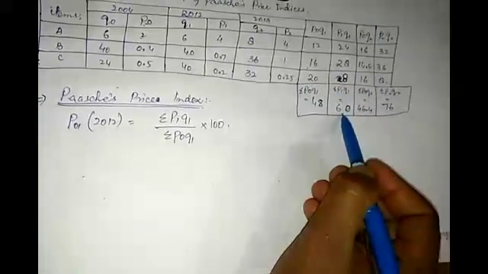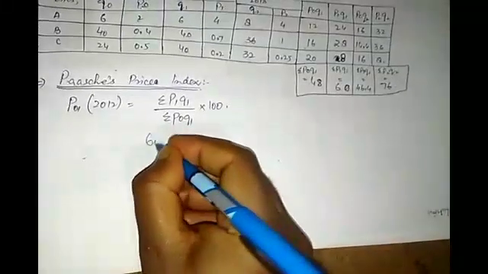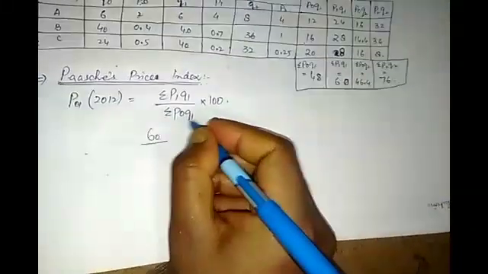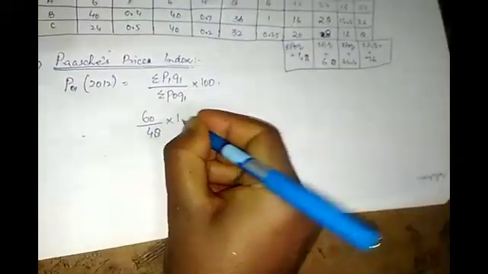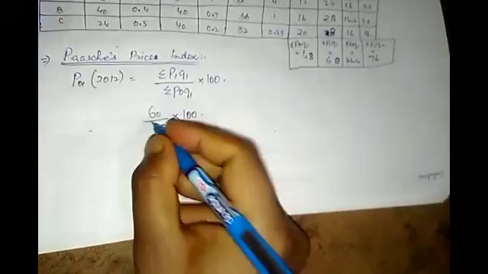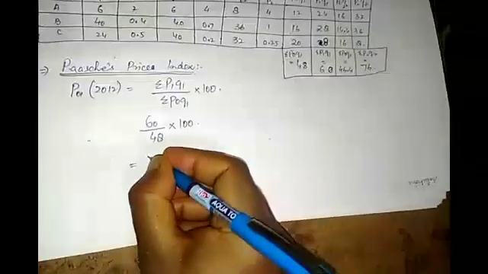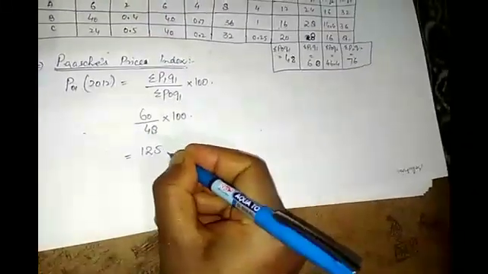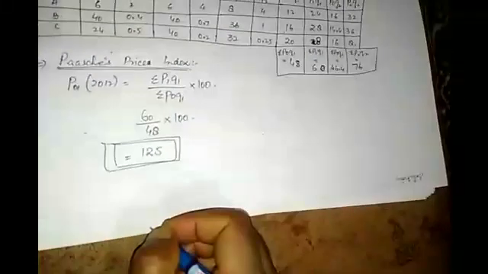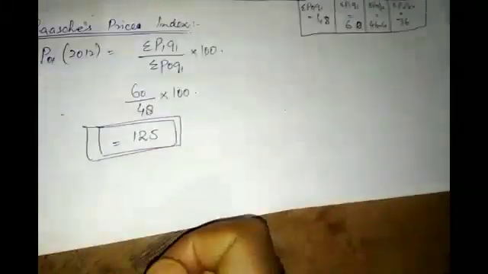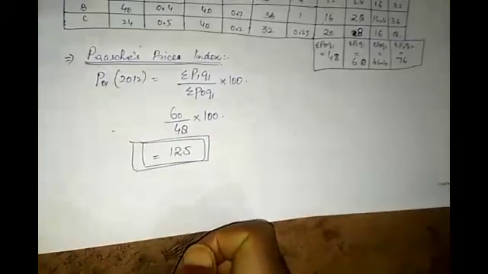Summation of P1Q1 is equal to 60, divided by summation of P0Q1, which is equal to 48, and multiplied by 100, we get 125. This is the result of the P01 of 2012. It is equal to 125.